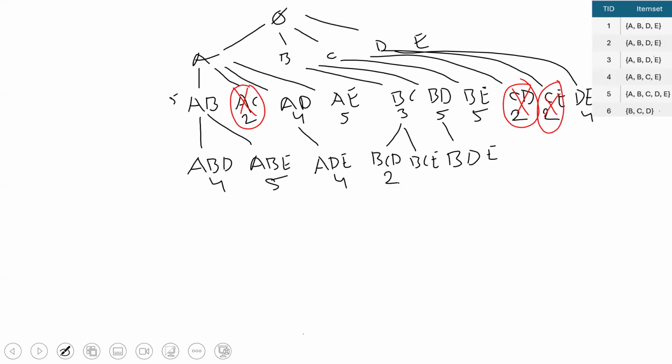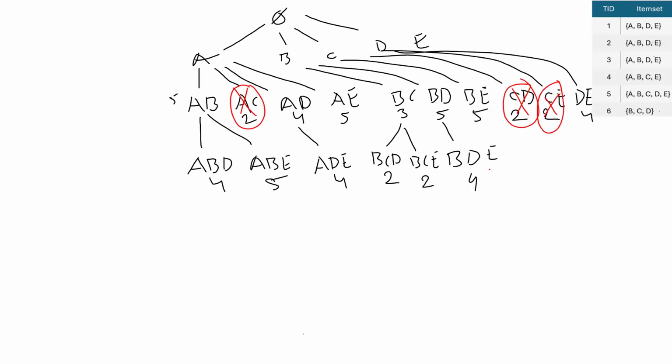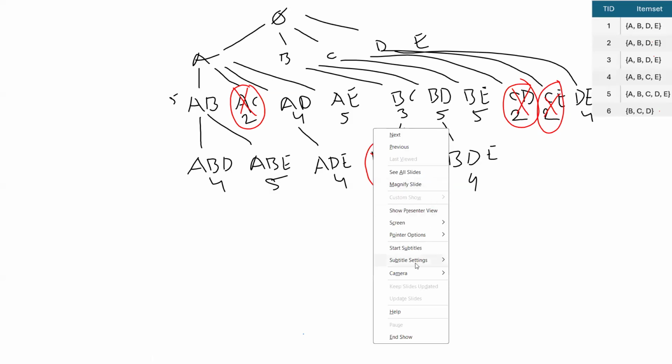BCE is 2. What about BDE? BDE is 4. Okay. So we need to exclude these two as well, and now everything will become frequent.